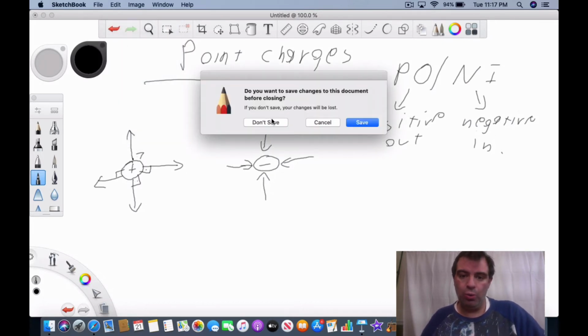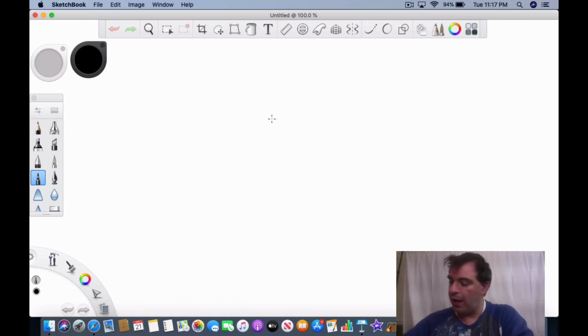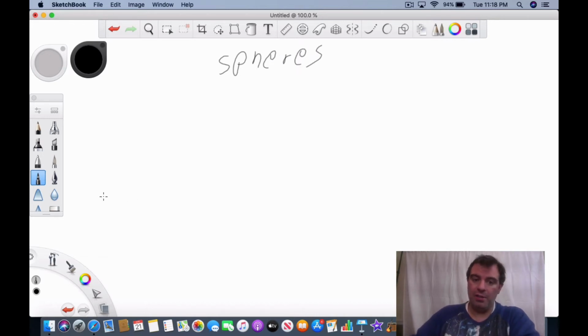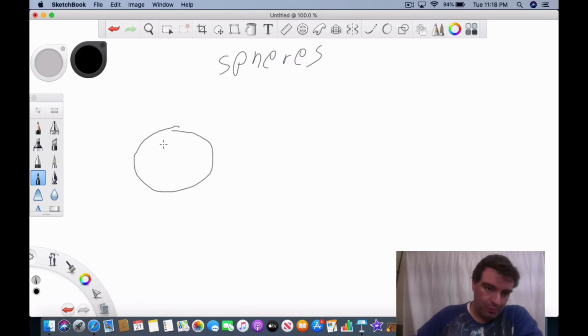The next thing we're going to look at is spheres. Again, the same exact concept, however, with a small change. Let's say the first one is a negatively charged sphere. All the charge is going to accumulate on the surface. When we draw field lines, remember PONI, positive out, negative in.